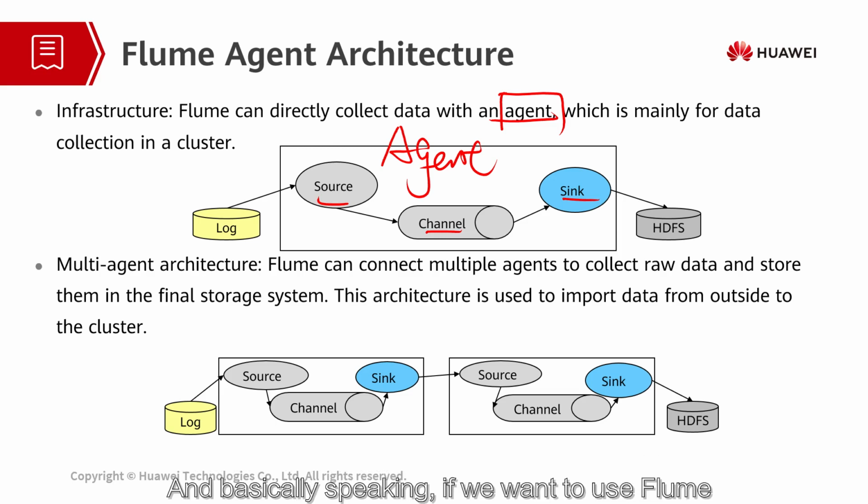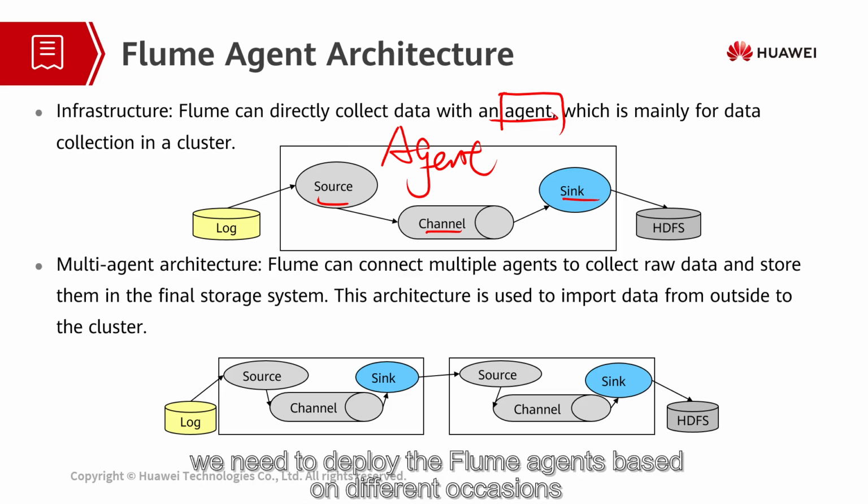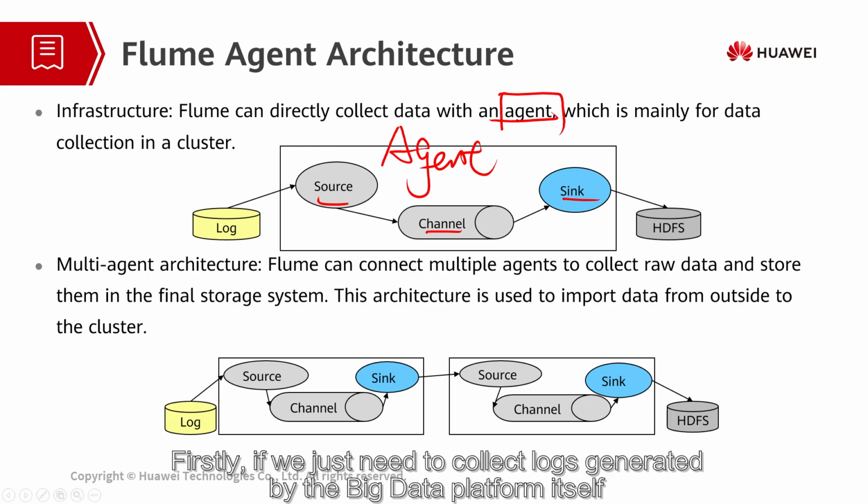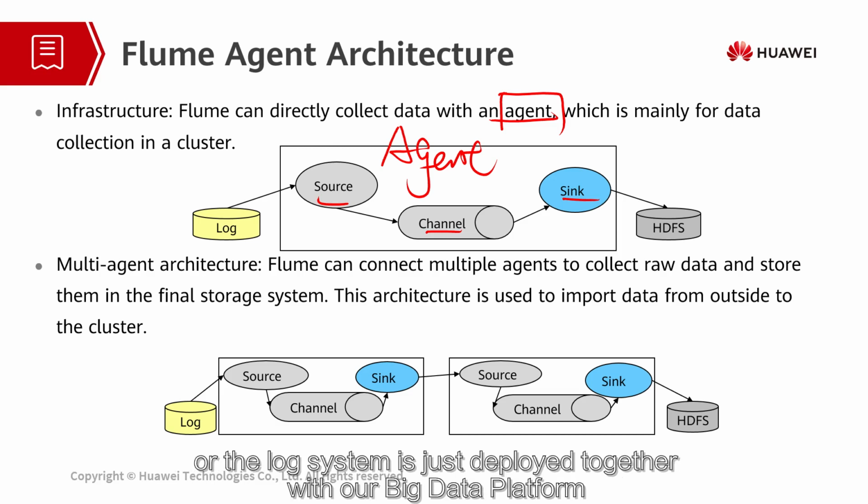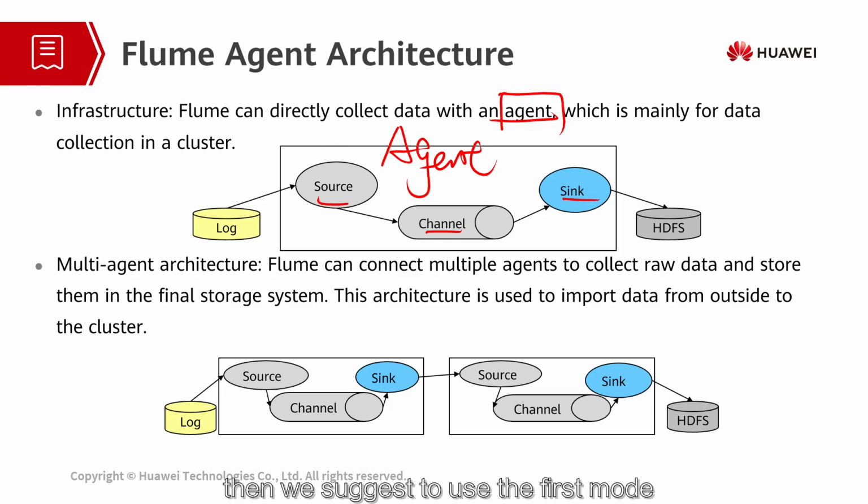Basically speaking, if we want to use Flume, we need to deploy the Flume agents based on different occasions. Firstly, if we just need to collect the logs generated by the big data platform itself, or the log system is just deployed together with our big data platform, then we suggest to use the first mode.